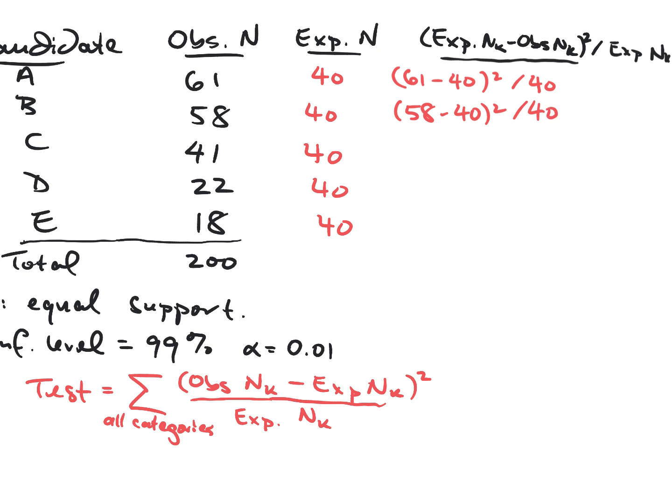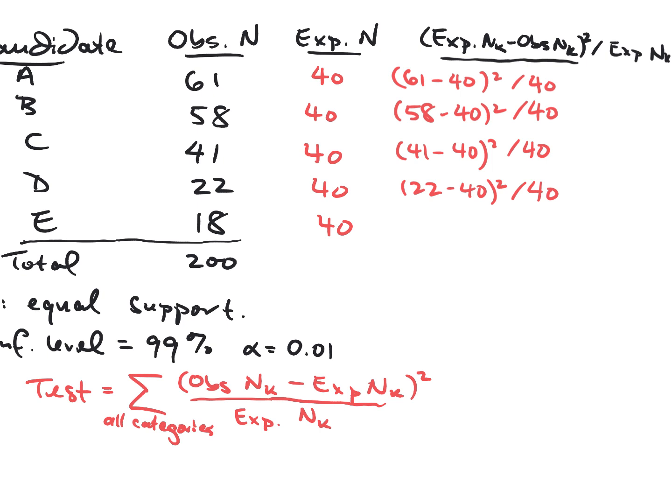Third category, 41 minus 40 squared over 40. Fourth category, 22 minus 40 squared over 40.